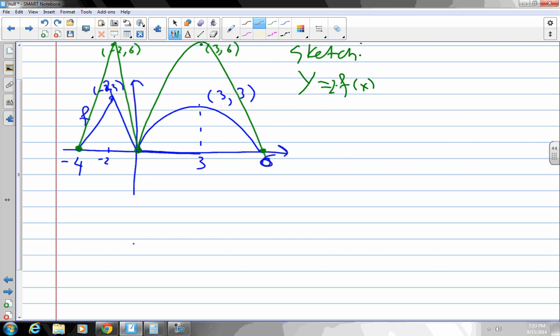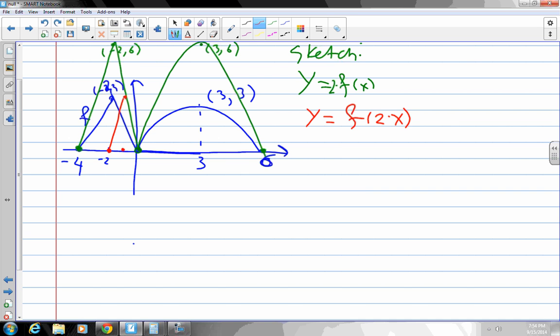What if I ask you y equals f of 2x? What will happen? Stretch or shrink? Shrink. So every x value now gets divided by 2. So that means -4 will shift to -2, and -2 will shift to -1, while the heights will stay the same.